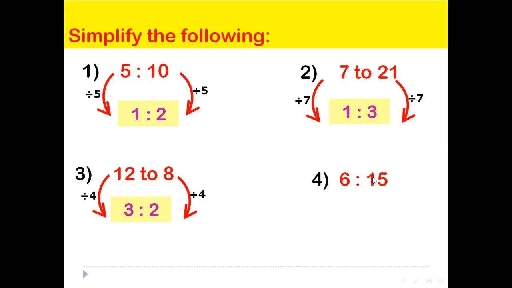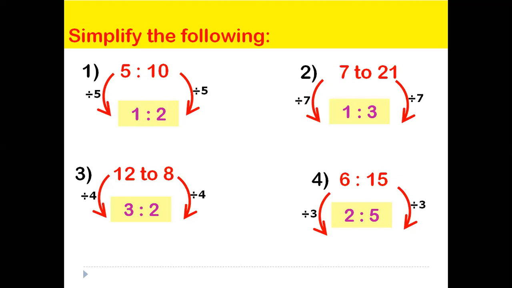The factors of 15 are 1, 15, 3, and 5. So the common factors between them are 1 and 3, but the greatest one is 3. So we divide each one by 3. 6 divided by 3 is 2, and 15 divided by 3 is 5. So this is how we write the simplest form of the ratio.